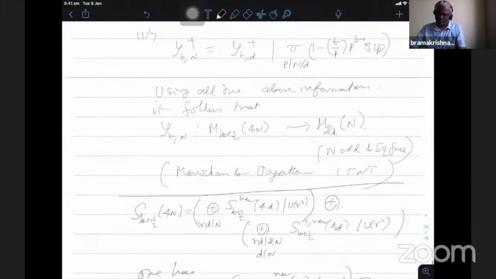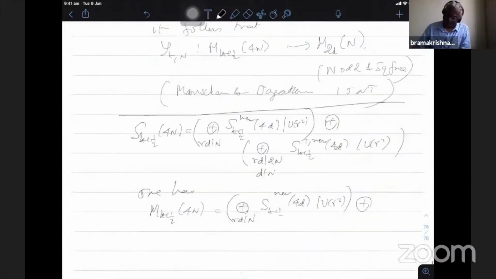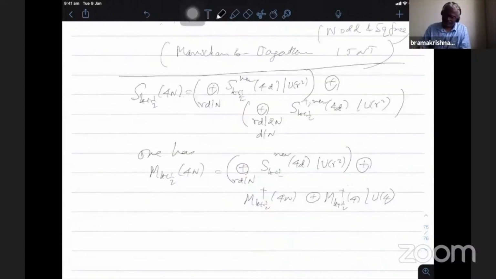So therefore, this can be written as M_{k+1/2}^+(4n) direct sum M_{k+1/2}^+(4n)|u4. So the whole decomposition is, what is interesting is that when I consider this one, the cusp form has this kind of decomposition.